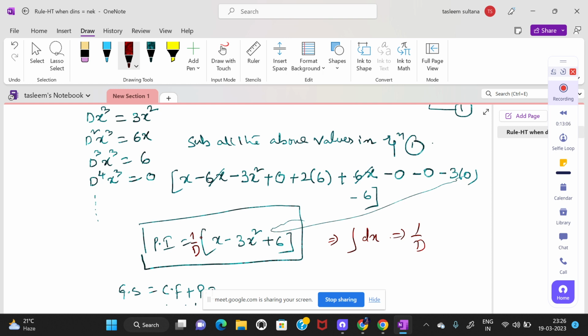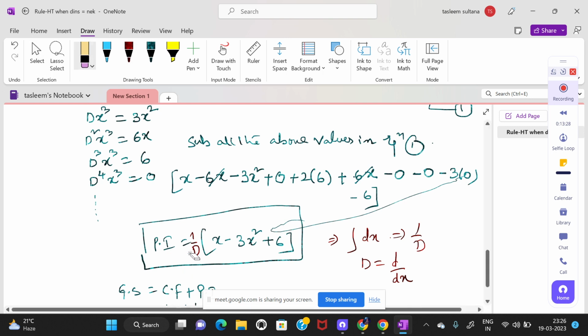If 1 by d is left over, where your d stands for differentiation, d by dx, 1 by d stands for integration. When you're going to solve it, first complete your bracket terms. After that, you're going to do that integration with respect to x. For this problem, it's not there. Don't get confused.